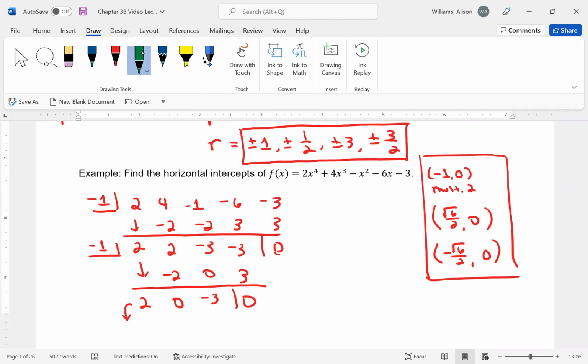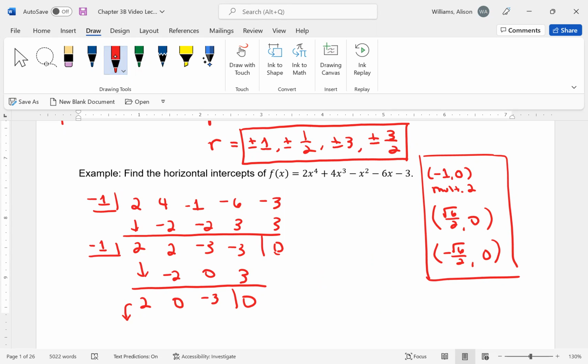It was at -1, so it probably bounced off, but it looked like it went through. You'd have to zoom in really close in order to see that. We're not going to bother with that. We're just going to go ahead and move on because we solved it.